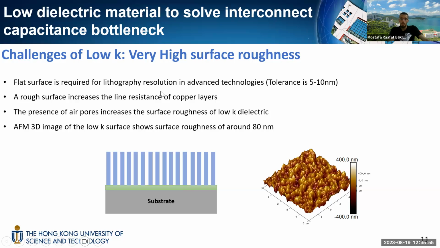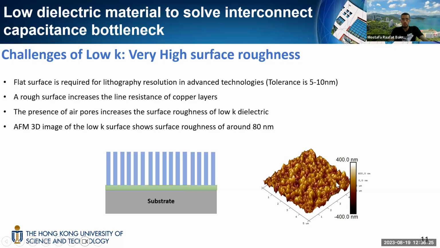Also, if we have a rough surface because of the air pores on the surface, later when we deposit the copper, it will bend into the air pores, and the surface roughness of the copper will also be high, and this will increase the resistance of the copper layers. The surface roughness of the low-K dielectric is about 80 nanometer, which is extremely high, so it has to be reduced.